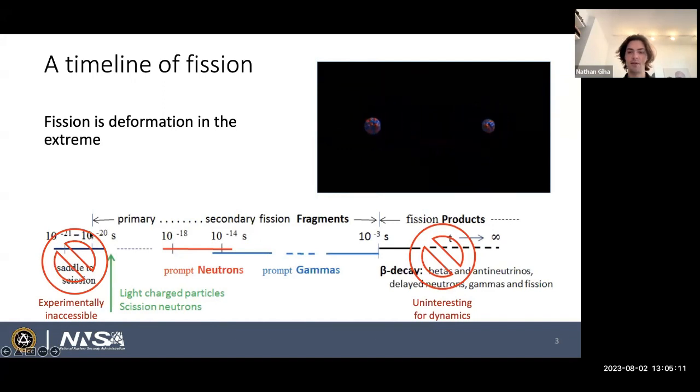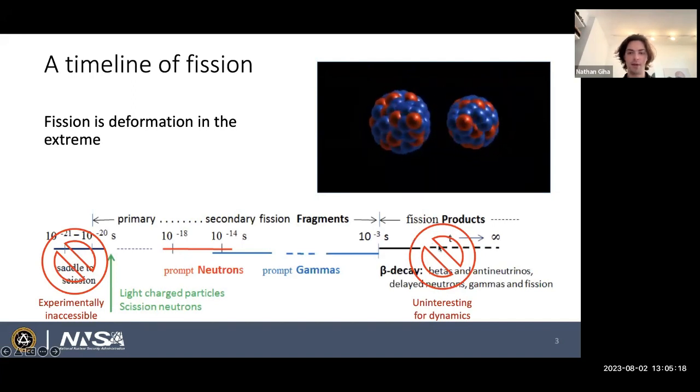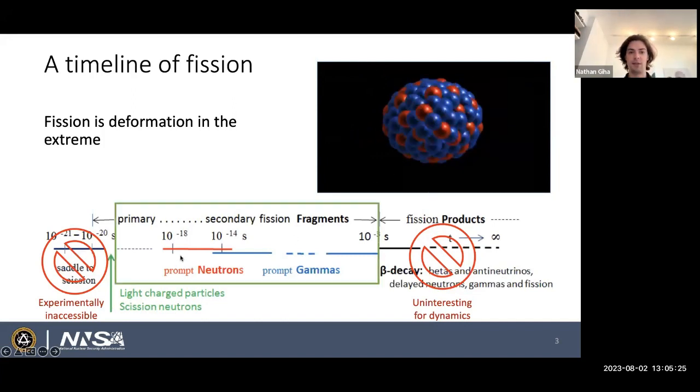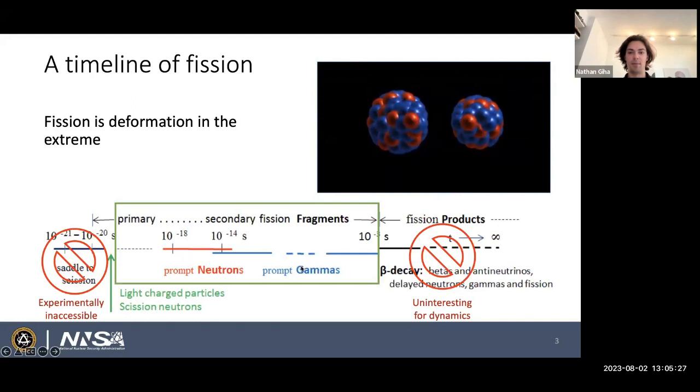So since I'm talking about the neutrons and gammas from fission today, we're not going to talk about the scission, which is what Kyle talked about yesterday. And for the most part, we're not going to talk about beta delayed stuff, but there will be a little bit about that at the end. What we're primarily going to focus on is the prompt neutrons and prompt gammas. And you can see the kind of time frame here.